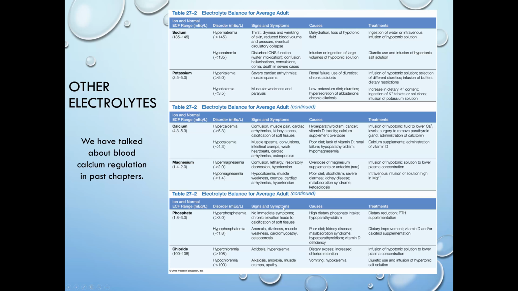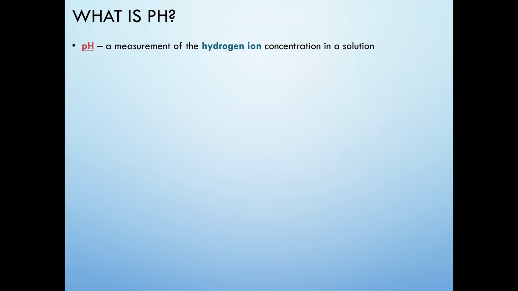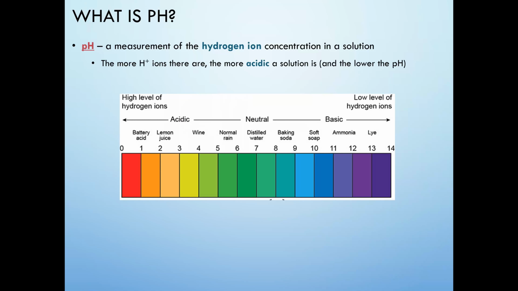Now we're going to look at acid-base balance, and we're going to start off by introducing pH and talking about the types of acids produced by the body. pH is a measurement of the hydrogen ion concentration in a solution. When we look at the pH scale, we are basically looking at a relative measurement of how many hydrogen ions are around inside of a solution.